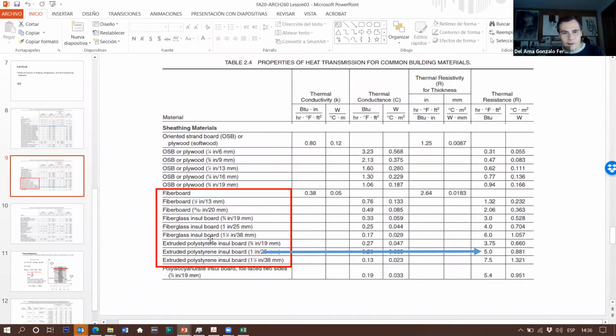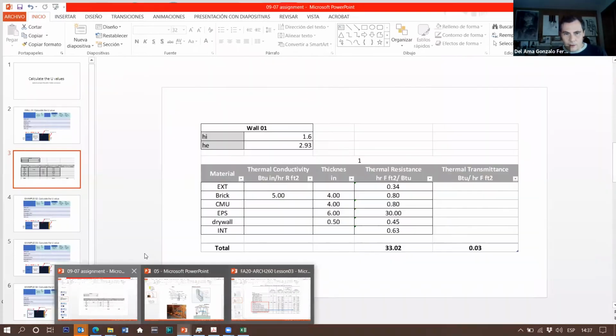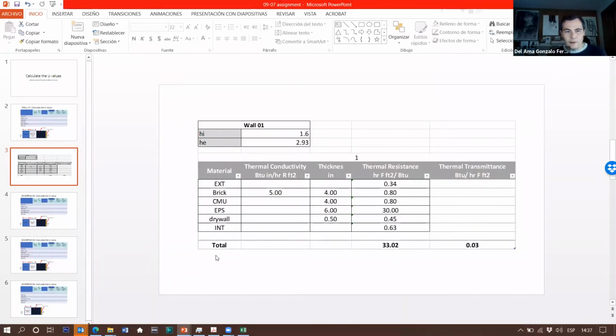And if we don't have the right size here, and we have only 1 inch, then we have to multiply this value, the 1 inch value, times the number of inches that we have in this material. So there are 3 ways to calculate the same. It might be a little confusing at the beginning, so that's why you have to practice. Nobody knows this. We have to practice.